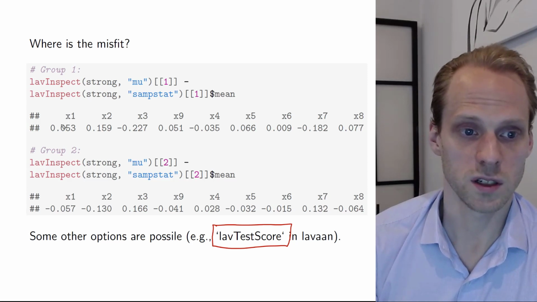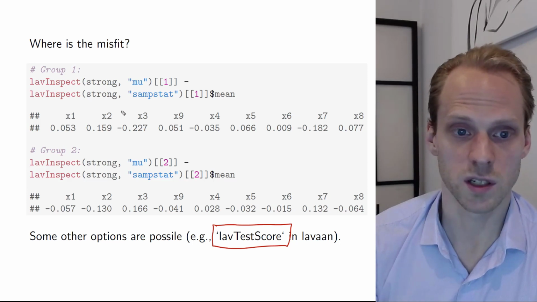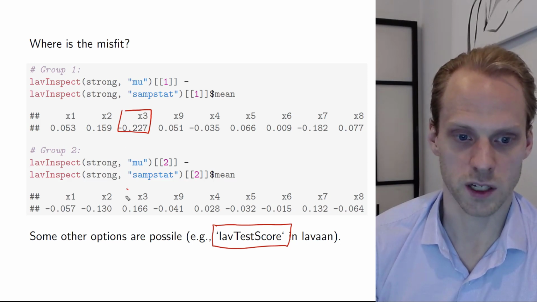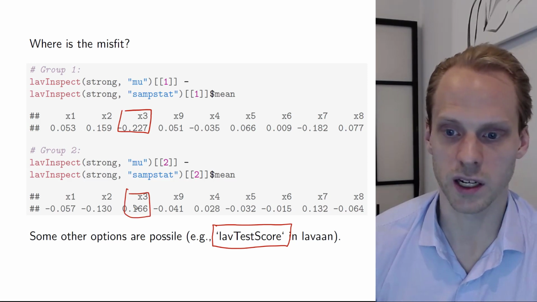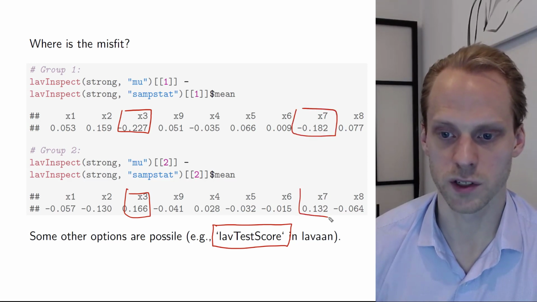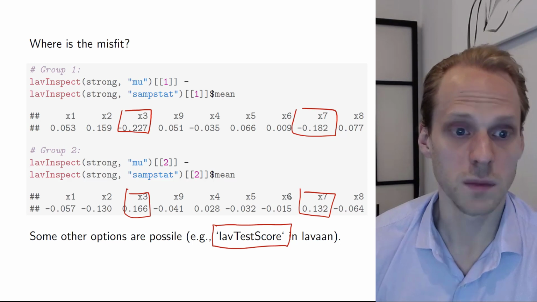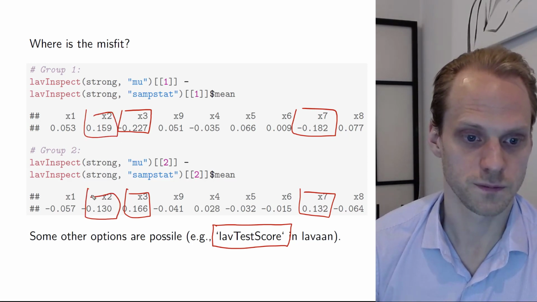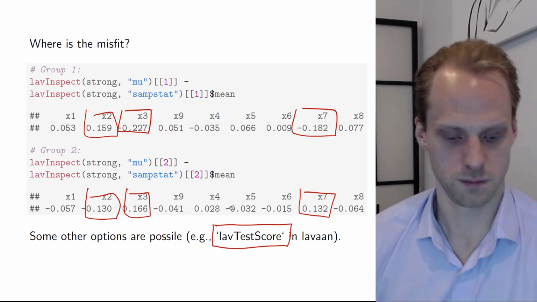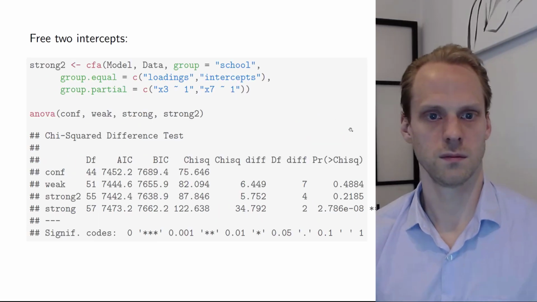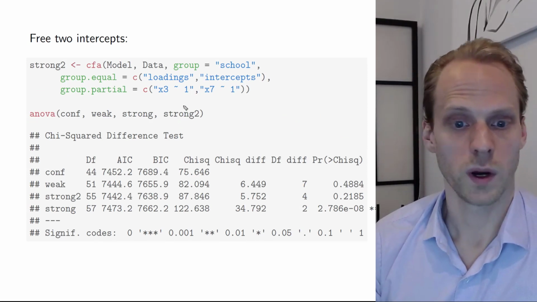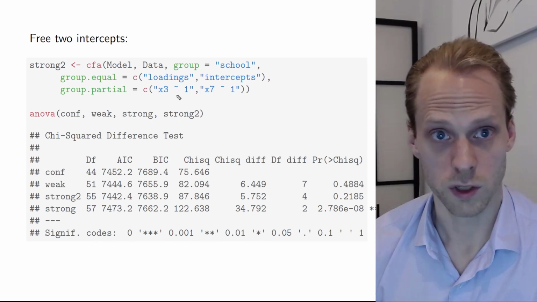So here we see a big difference on x3 in group 1, and also on x3 in group 2, much higher than the other ones. And x7 here also has quite a big difference between observed and implied means, and maybe x2 as well. So then we can use that to test if we can fit a model where partial strong invariance holds.